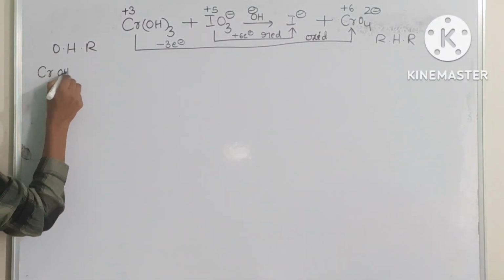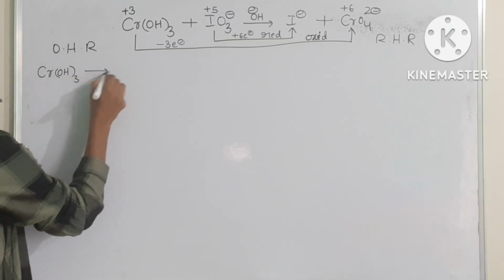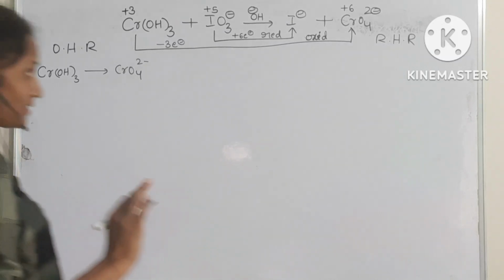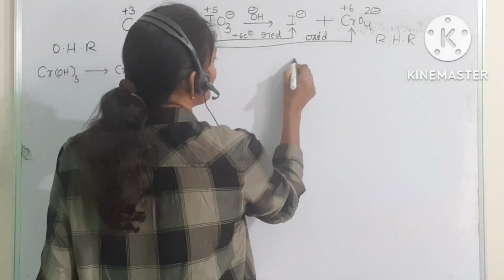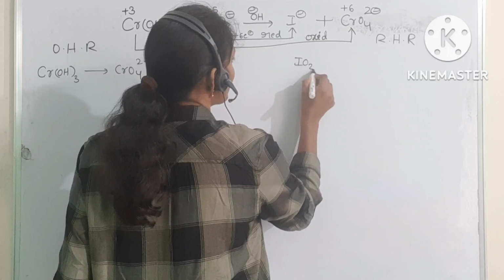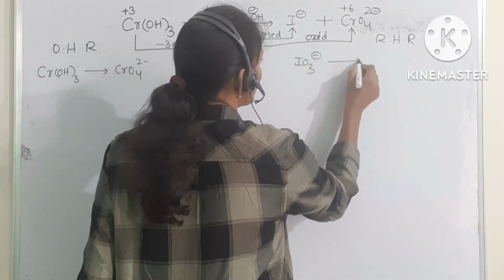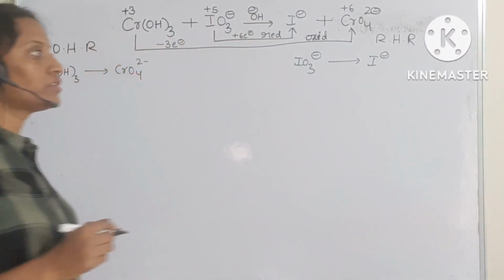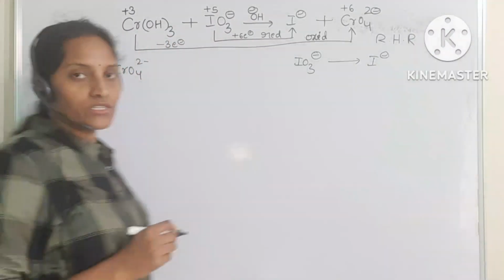Chromium hydroxide is converted into chromate, CrO4 2 minus ion. Then IO3 minus, iodate, is converted into iodide, I minus. This is the first step.